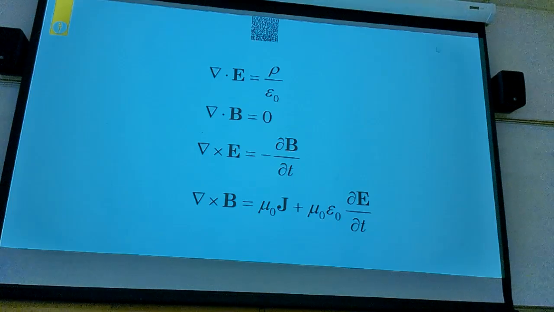Wow, no one's taking intro E&M at this point? That's not good. Electricity and magnetism. These are Maxwell's equations. They govern all electric and magnetic fields.